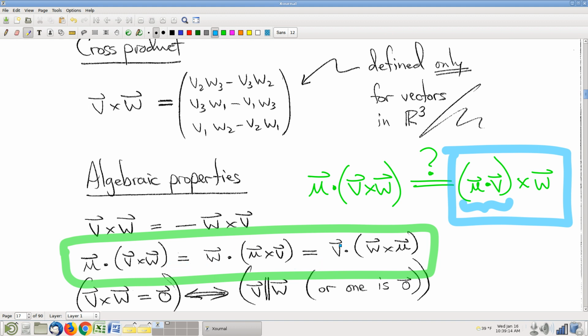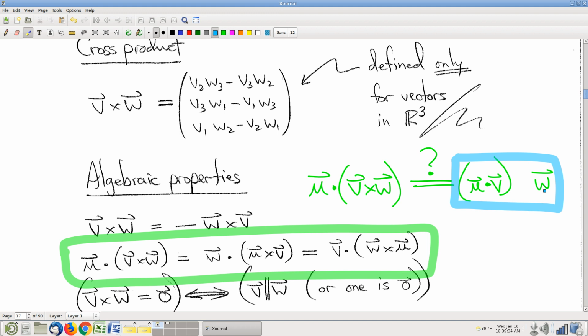By the way, you might also say, okay, let's just change this to a scalar multiplication. Then that's a scalar, that's a vector. I can't cross multiply them, but I can scalar-vector multiply them. Maybe that would be true, but no, it's not. And here's how we know this. Scalar times vector, this thing here is a vector.